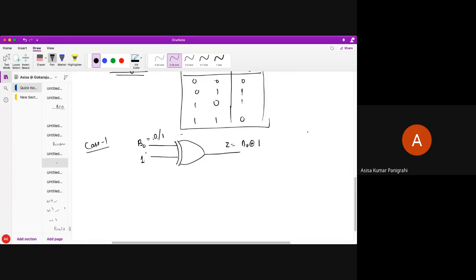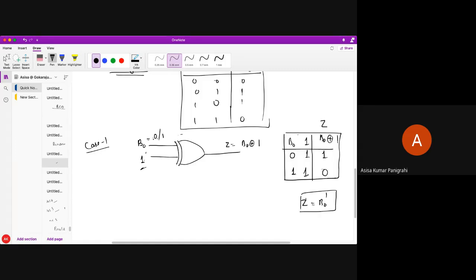And one input is B0, another is always 1. So 0 and 1, what is XOR? 1. 1 and 1, what is XOR? 0. So what do you understand from this? I have understood that my Z output is B0 bar.